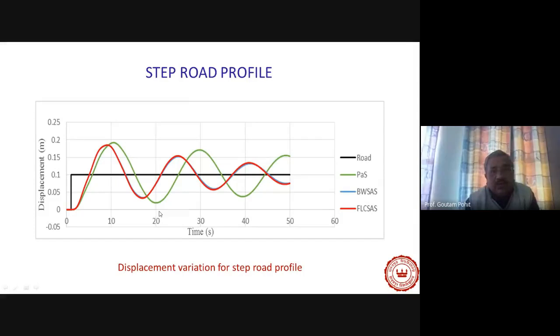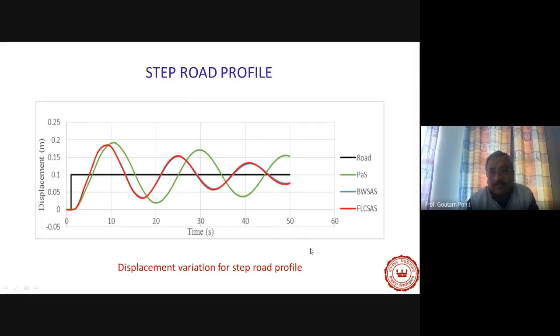The blue and red are almost overlapping. That is the Barwen damper, and this is the fuzzy logic control Barwen damper. So we find that their response is almost the same for a step road input.